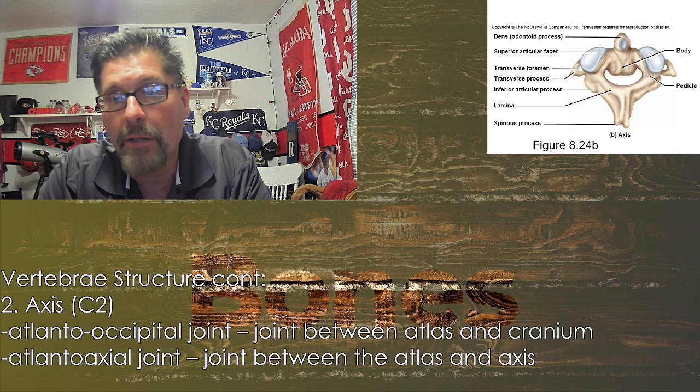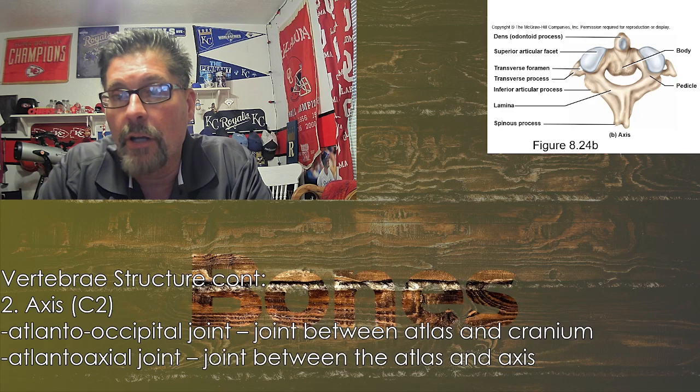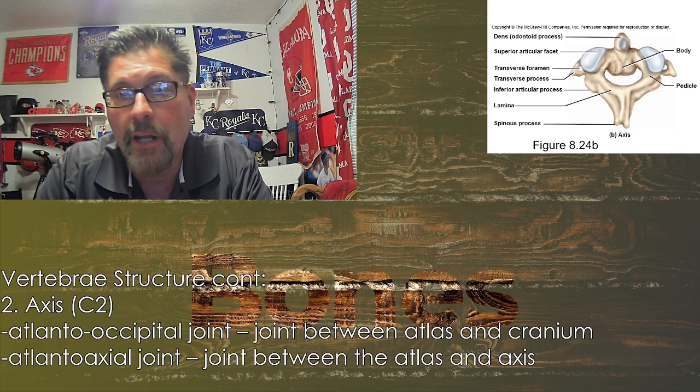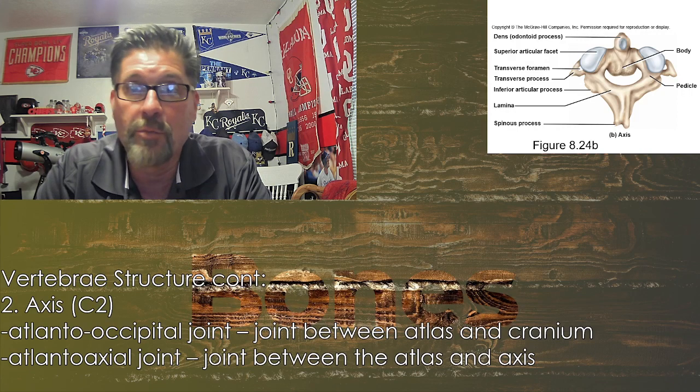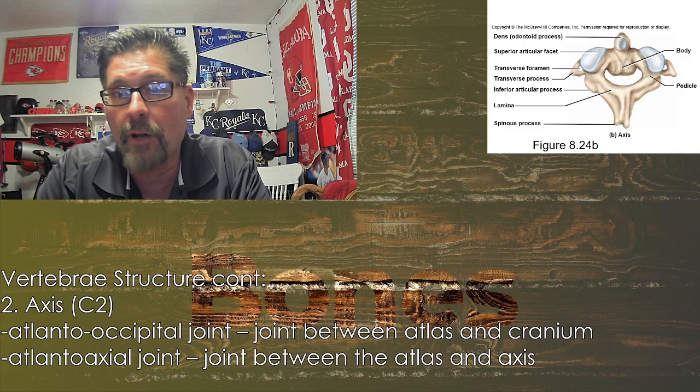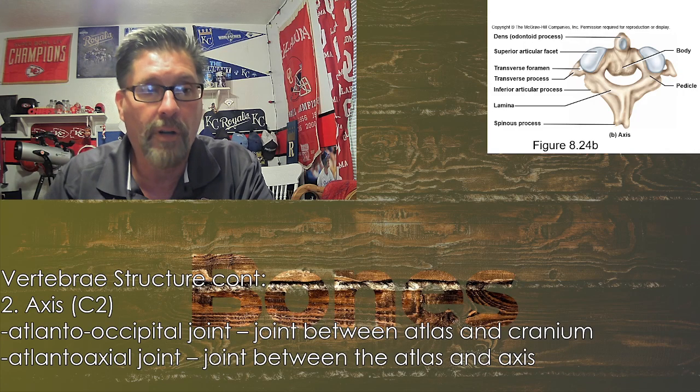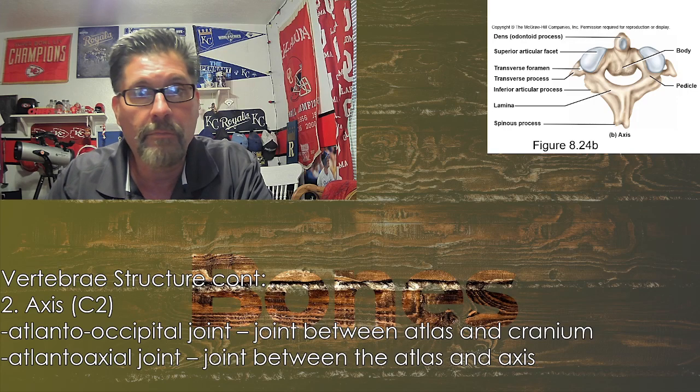Okay, so more about the C2, and again, it's that atlanto-occipital joint, the connection between the atlas, which is what C1 is referred to, and the cranium. It's still got a part of that as one of its major functions.